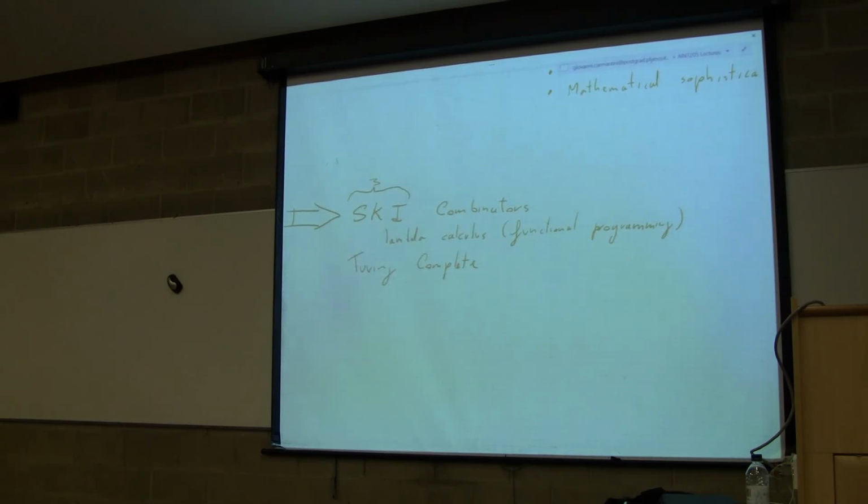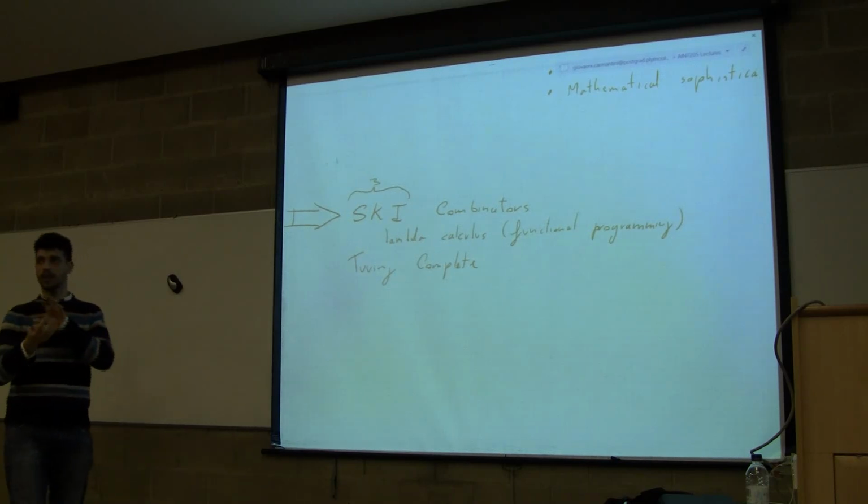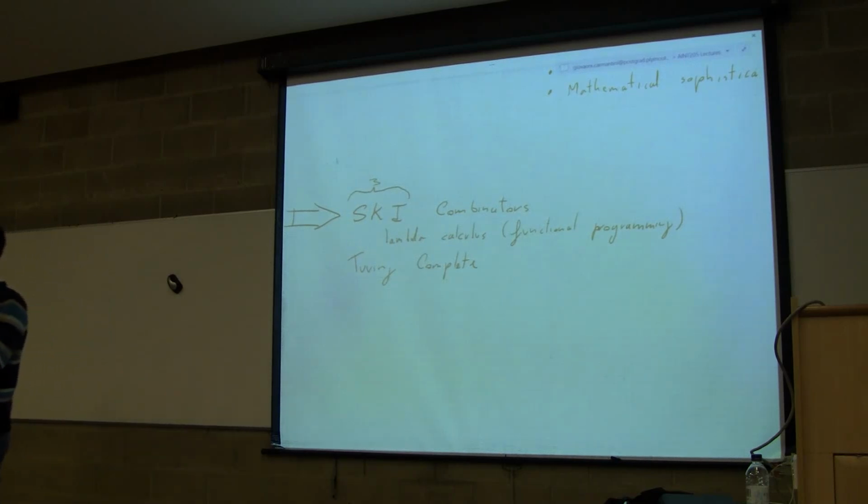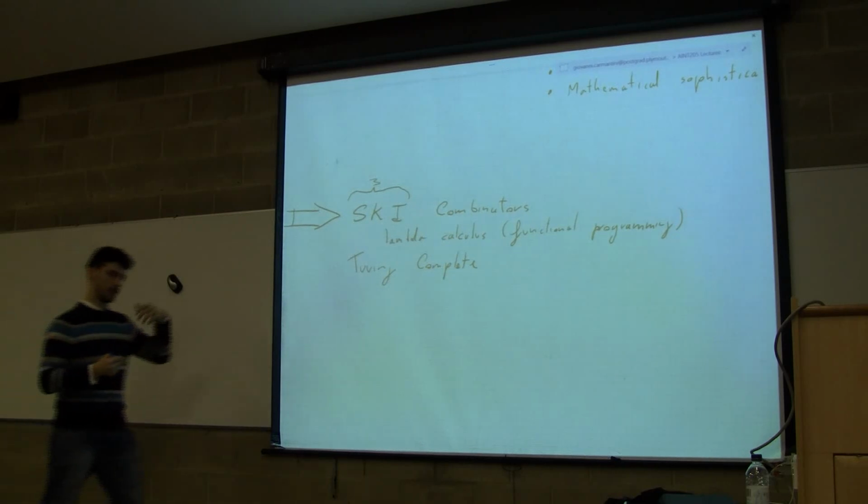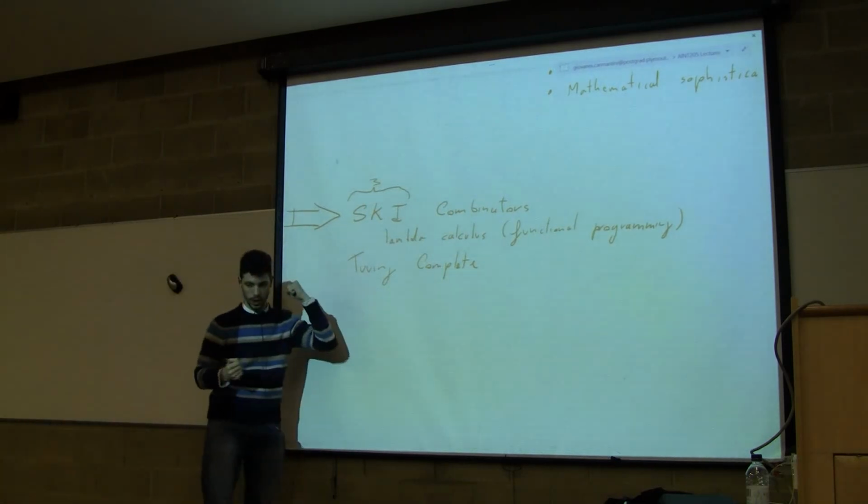The Church-Turing thesis says that all these models are equivalent. They talk about the same object. They talk about all reasonable computation being captured by these models, and so all reasonable computation is Turing computation.